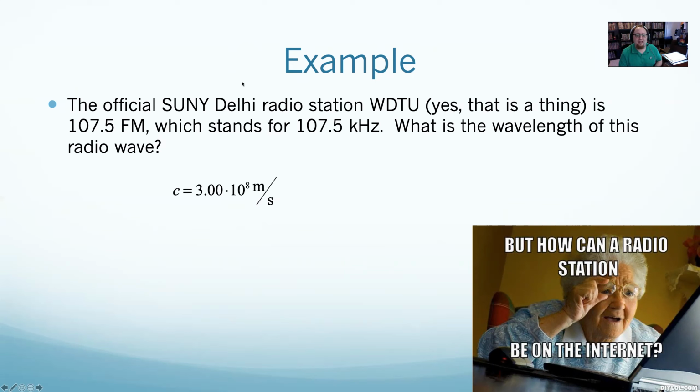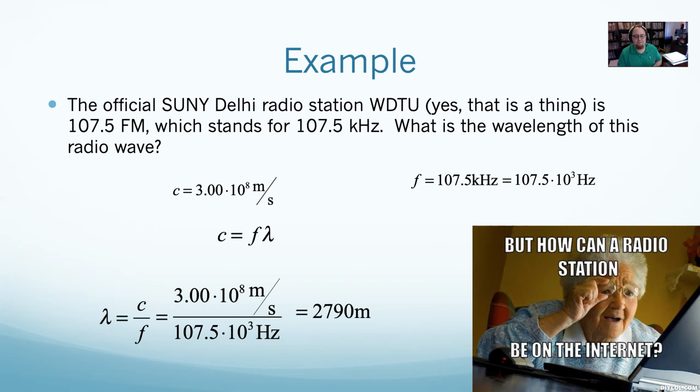That means they travel at the speed of light. And it has a set frequency, which is in kilohertz, but I can convert to hertz. And for any wave, velocity is wavelength times frequency. And for light, the speed of light is wavelength times frequency. And if I divide both sides by frequency, I can get the wavelength by dividing this and getting a value.